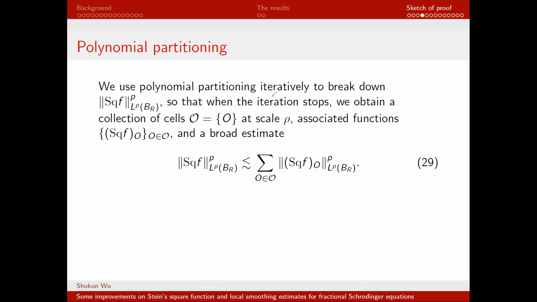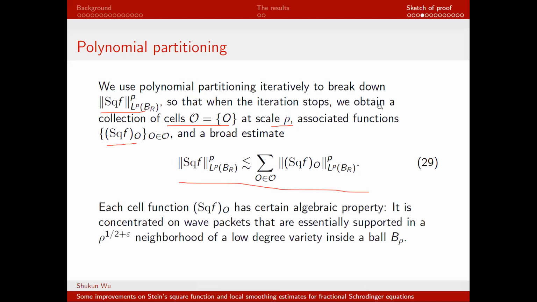So we use it iteratively to break down the L^p norm of the square function. And when the iteration stops, we will have a collection of cells. Let's assume the scale is rho. And some functions, let's call them cell functions, associated to each cell, and a broad estimate. Each cell function has certain algebraic property.